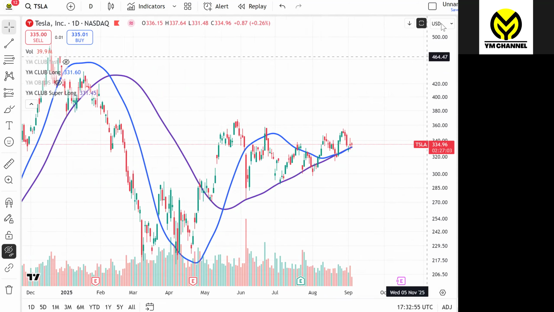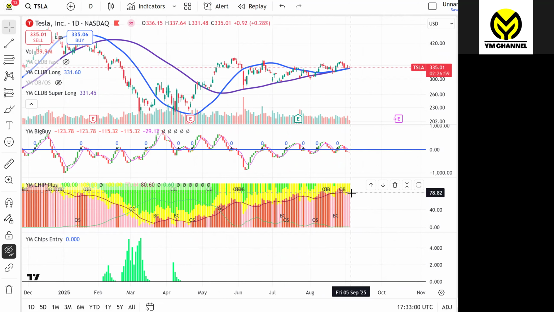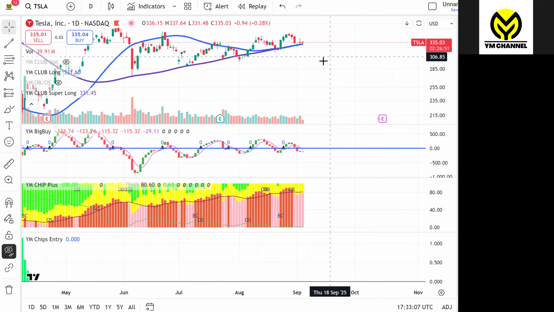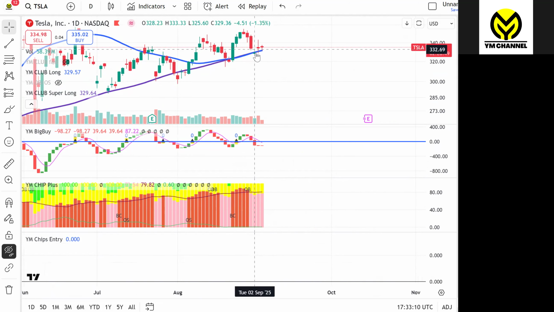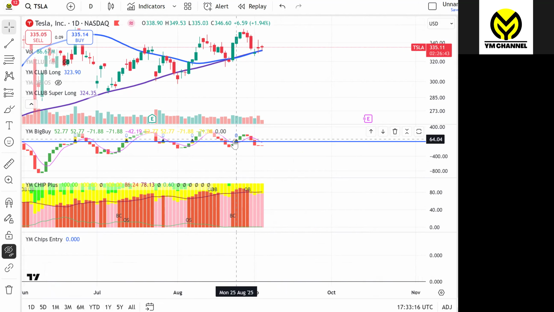Okay, so now we look at the money. The money is going upward very stably. YM Big Buy is a big volume trade. But one thing I want you to look at about the money here is this green candle. Usually when a green candle has a support, they go up. YM Big Buy is either above zero or the red bar is above this purple line.